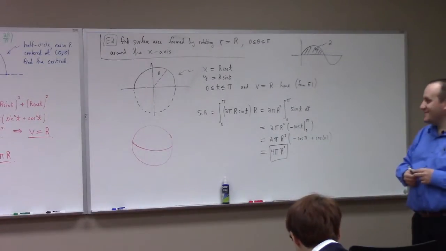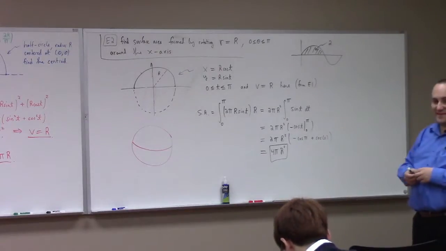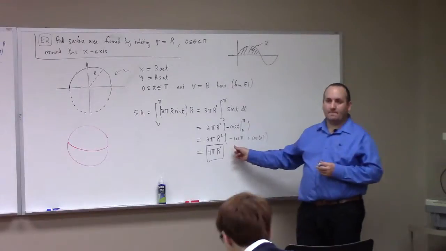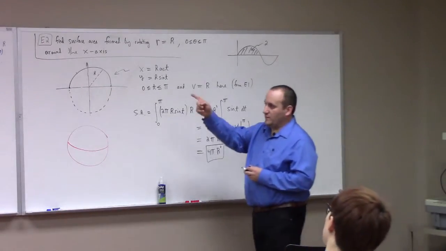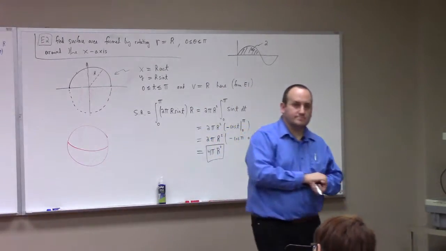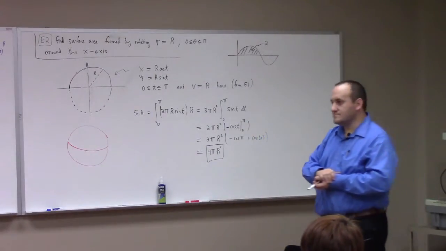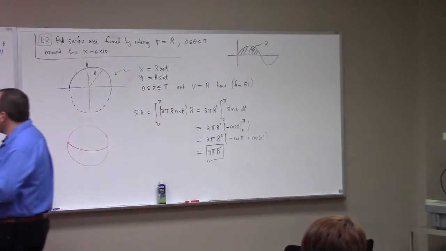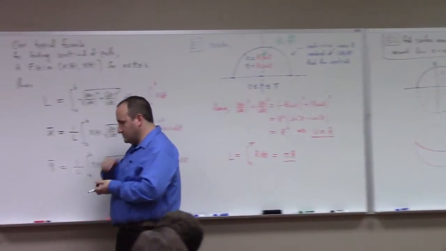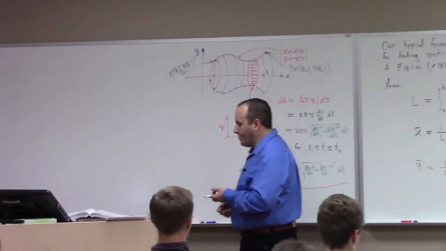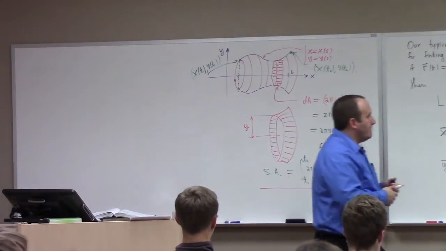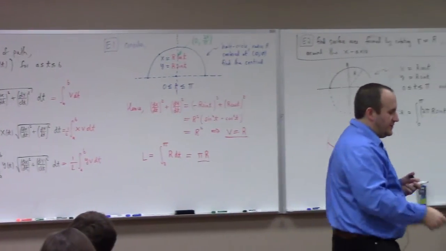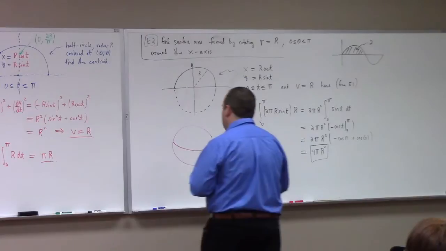Now, here's an interesting thing. What's the relation between this surface area and that centroid? Find the centroid and treat it like a cylinder of that radius. How long should the cylinder be?